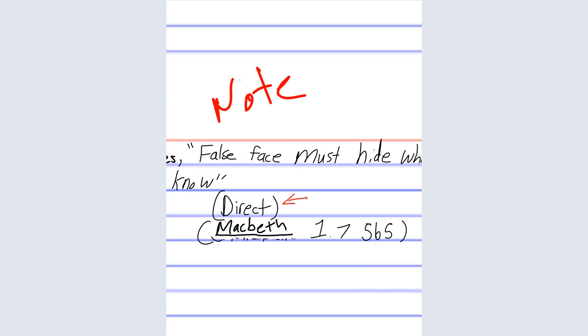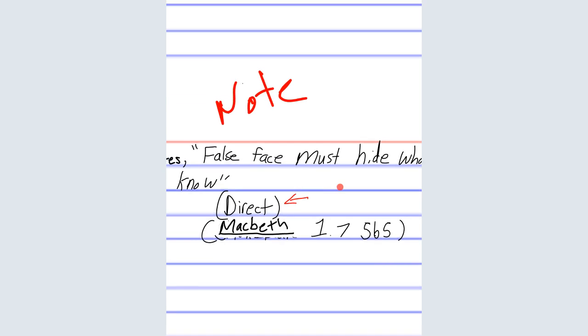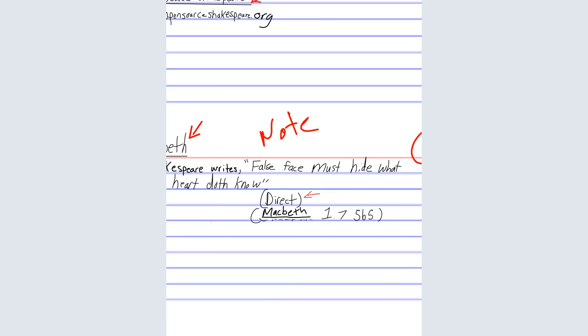When we are using these cards for later purposes, we know that it's a direct quote, and of course it's proper format. It comes from Macbeth, and that again is underlined, and it comes from the first act, scene 7, and these are the line numbers.